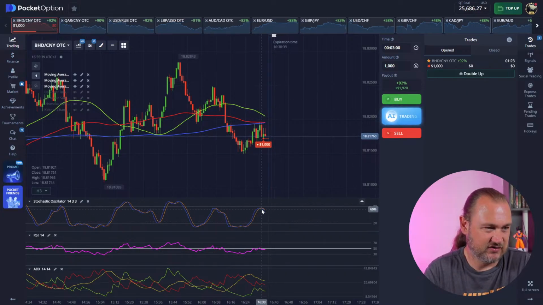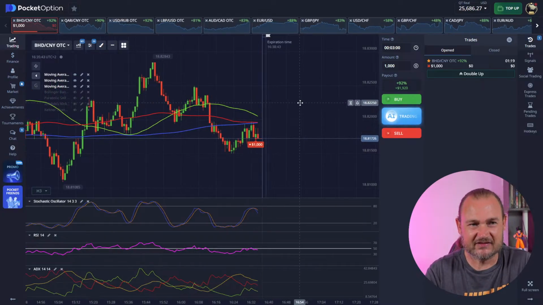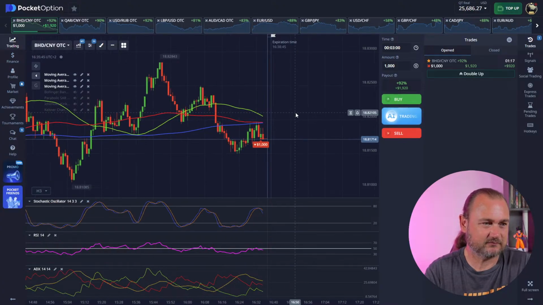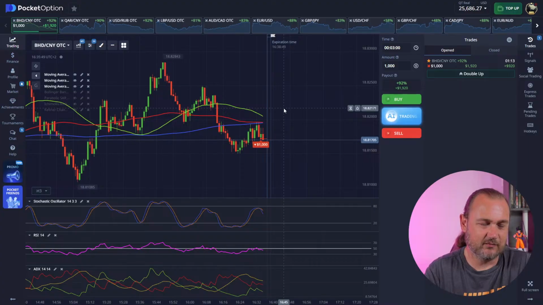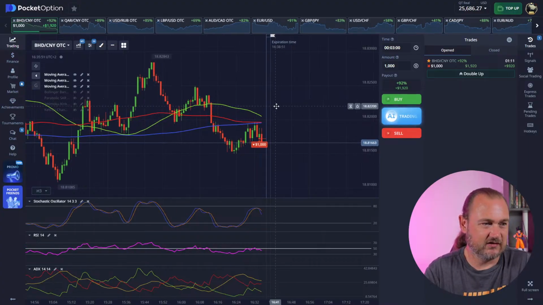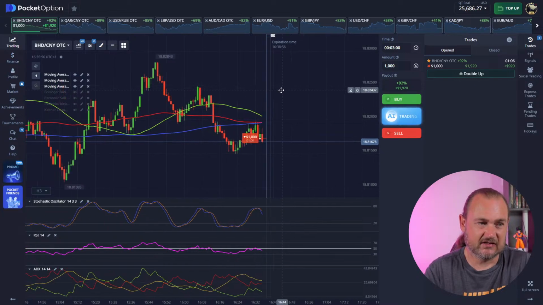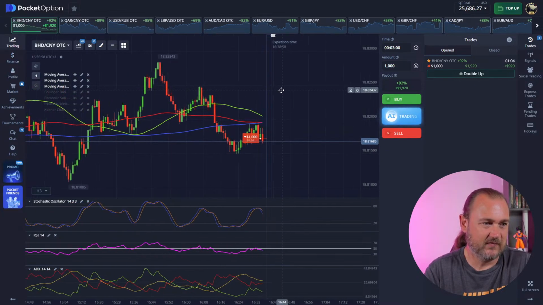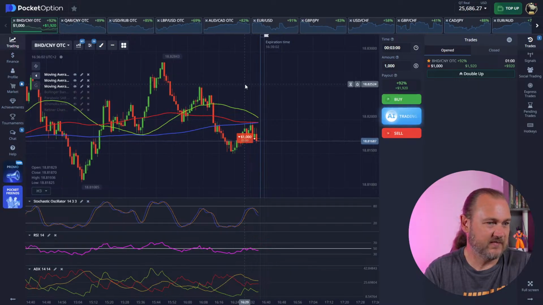Stochastic did make a bearish turnover, price rejected from the moving averages, and still this trade is being stubborn. It happens, and it can become very frustrating when you are trading, especially if it's late in the day for you. But that's what the market does to us sometimes.